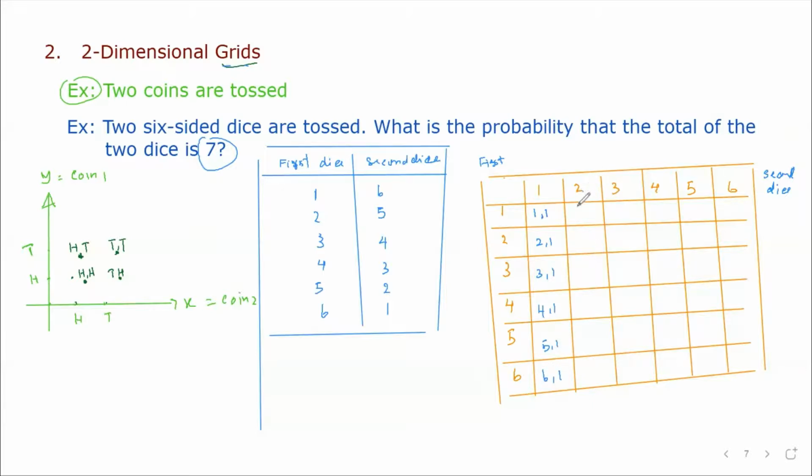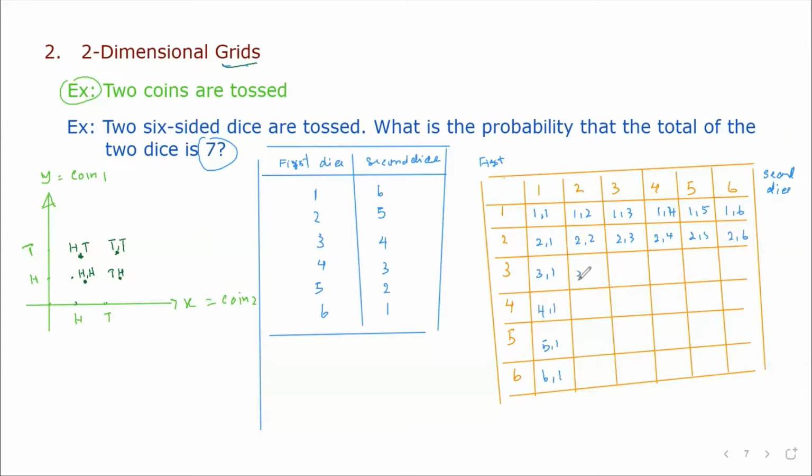Okay, and then this one is going to be 1 2, 1 3. We can write here, maybe easier, 1 4, 1 5, and 1 6. Then this one is going to be 2 2, 2 3, 2 4, 2 5, 2 6.